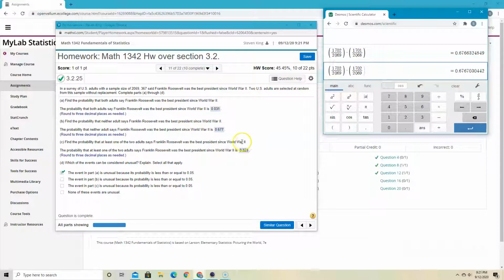Before I read letter C, I want to just make up some example to try to put our brains in the right place.